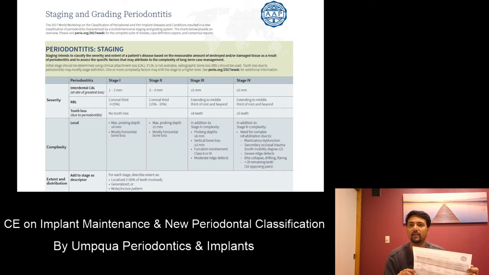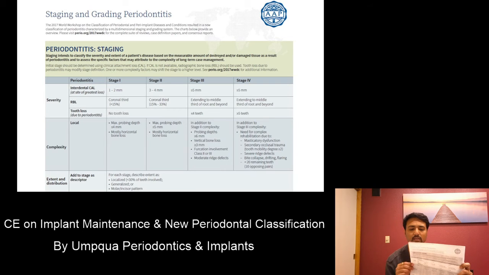That no longer can be done, so each patient gets one stage and one grade. And the worst, or the severe tooth, determines the initial stage of the patient. And that talks about the susceptibility of the patient overall, and that's why they did that.